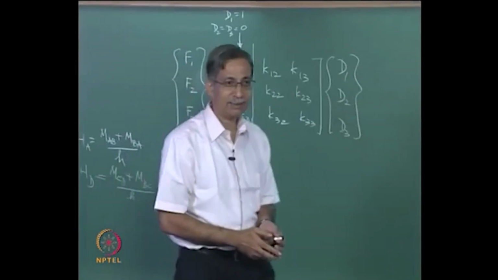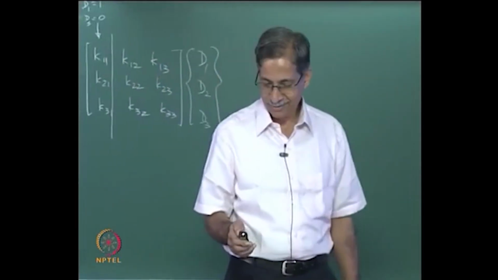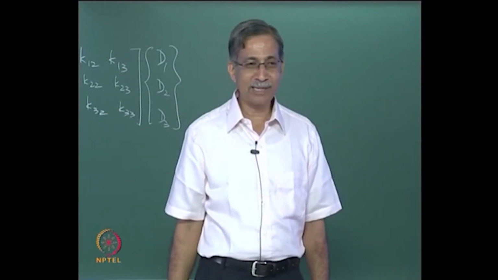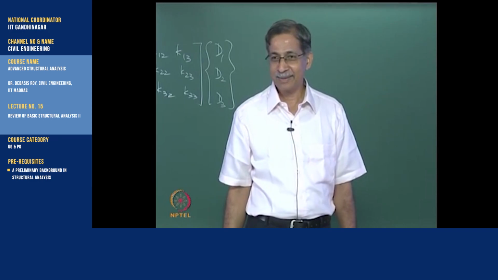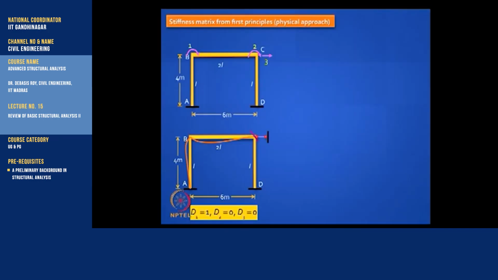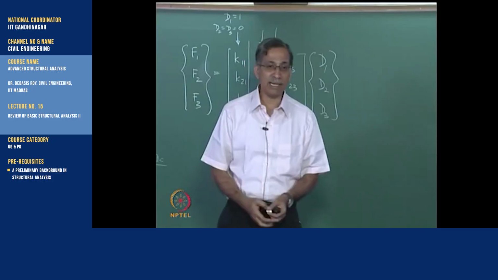What will it look like? It should look like this, right? Only a unit rotation at B, no translation, no rotation at C, right? Okay. Can you draw the next one? Can you draw the sketch that you need to do for this one? What will it look like?